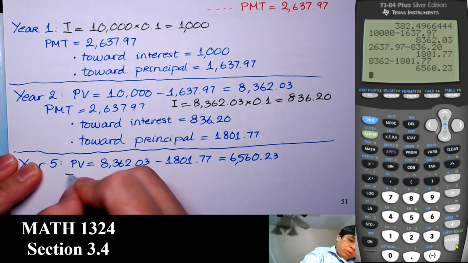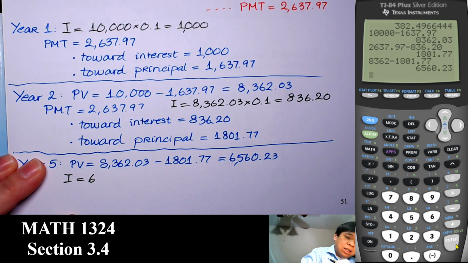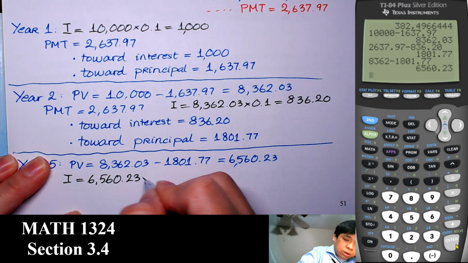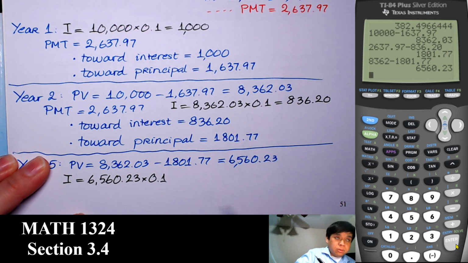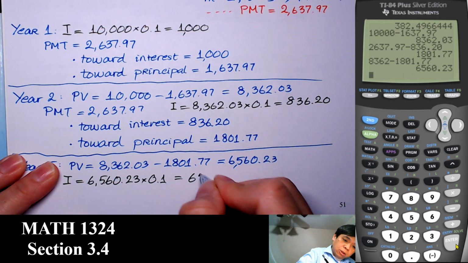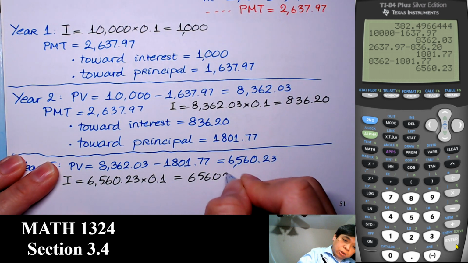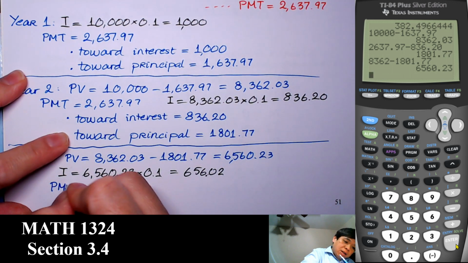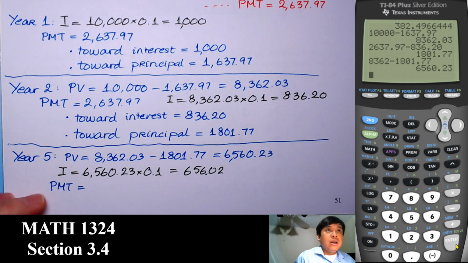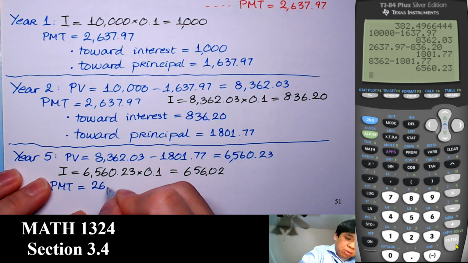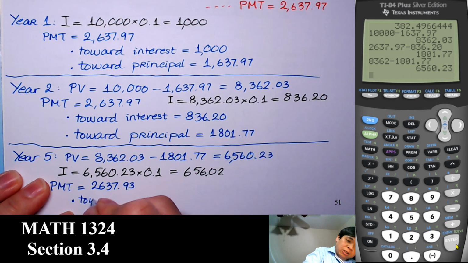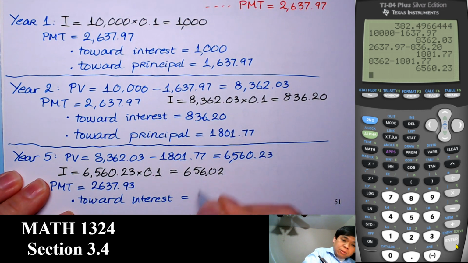Next, calculate interest for that. It's going to be 10% of that. Now the payment that we make that month, of course, is still the same amount, but toward interest is that much.